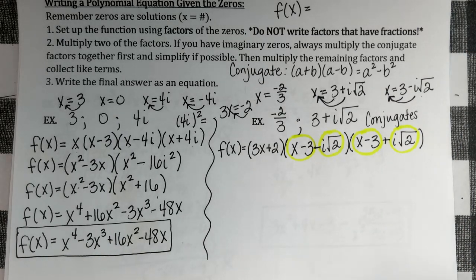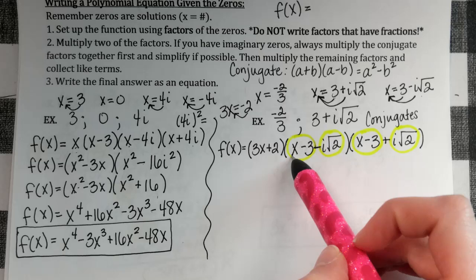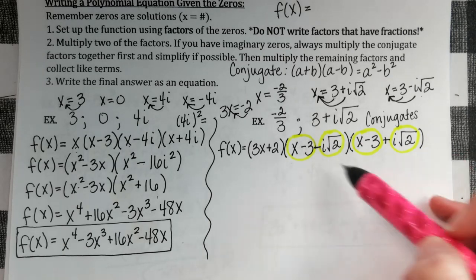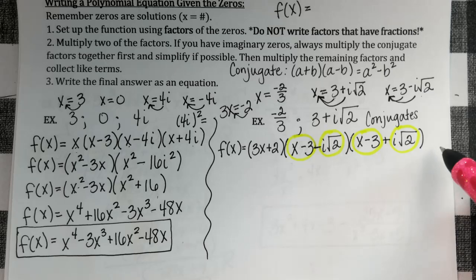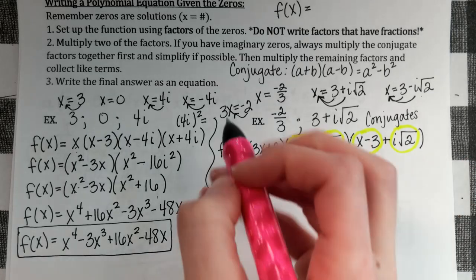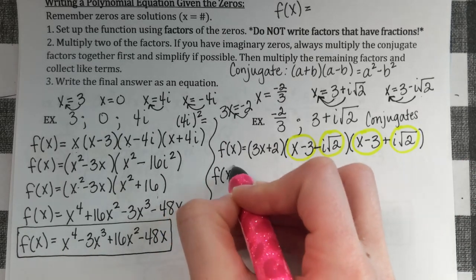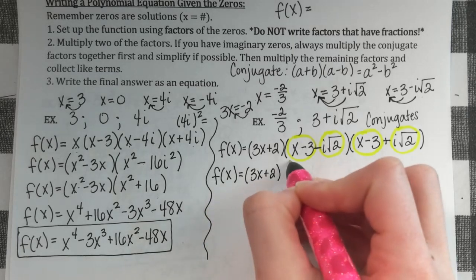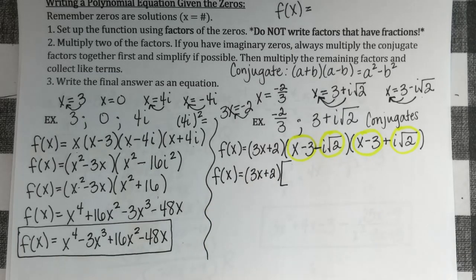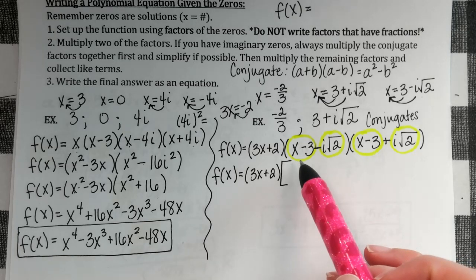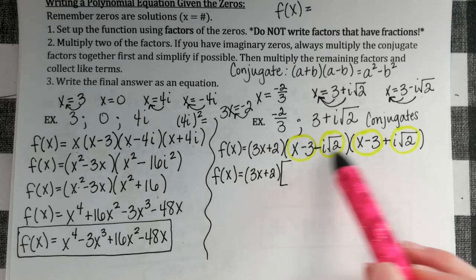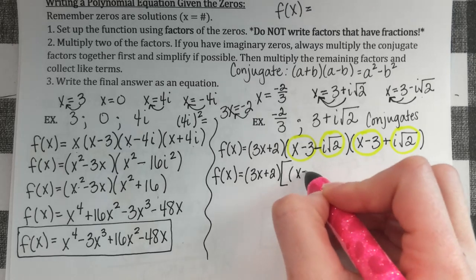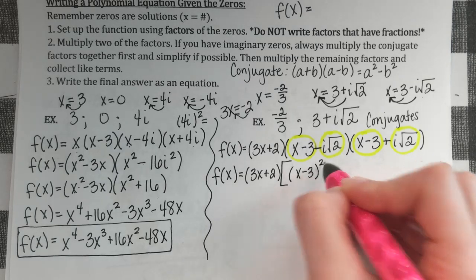It might not seem like it would be easier, but that's better than taking x, multiplying it 3 times, taking negative 3, multiplying it 3 times, and taking i square root of 2 and multiplying it 3 times. Okay, so what we're going to do is how do we multiply this as conjugates? So I'm going to have brackets just because I know my first term, if I've circled it the way this is, my first term is considered to be x minus 3, and I'm going to square that.